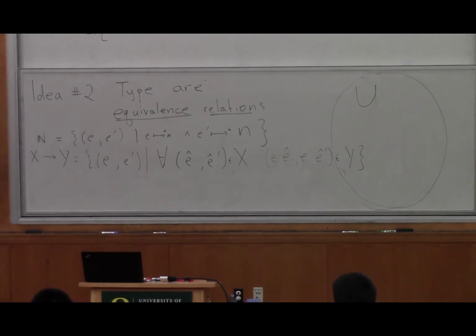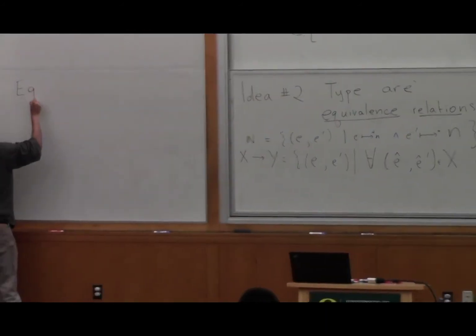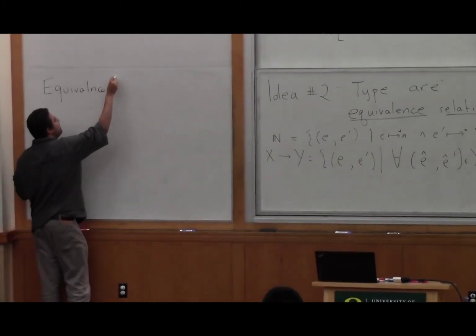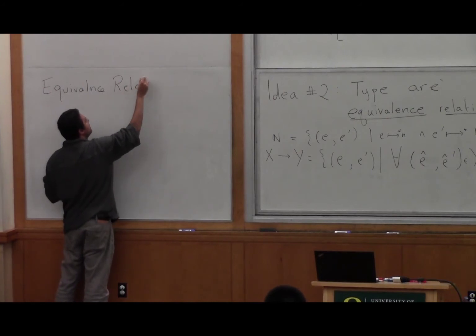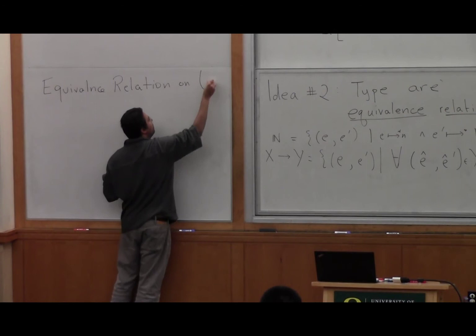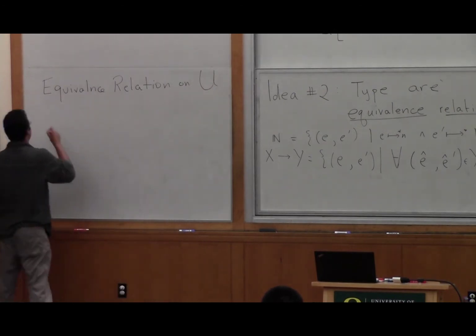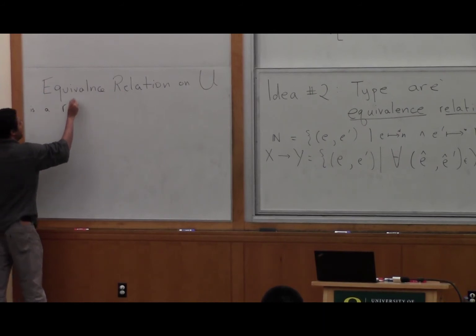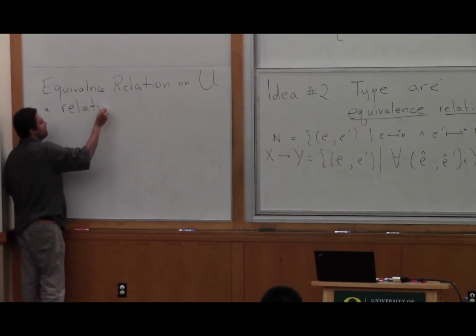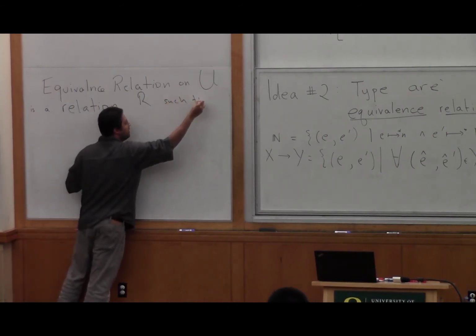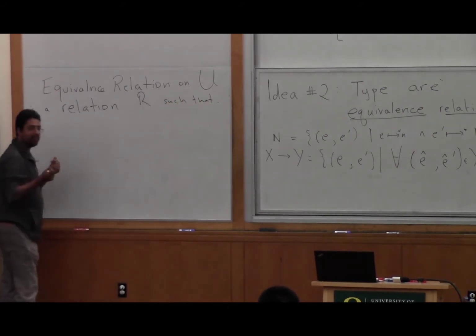So an equivalence relation on a set U is a relation R such that it satisfies three properties.